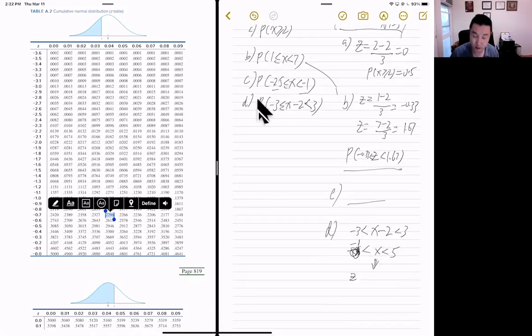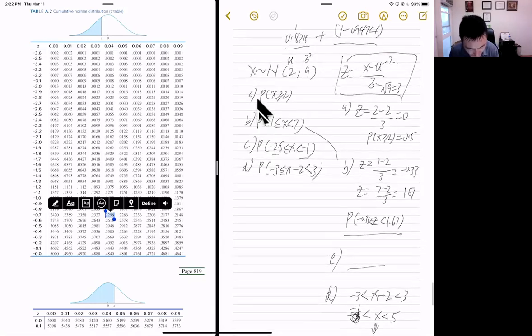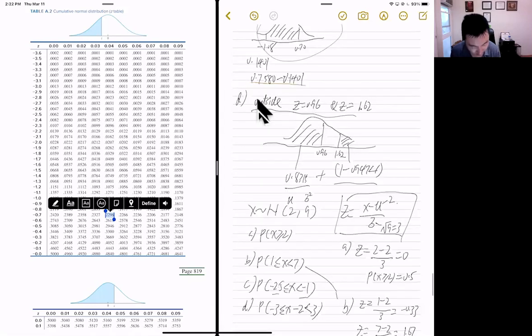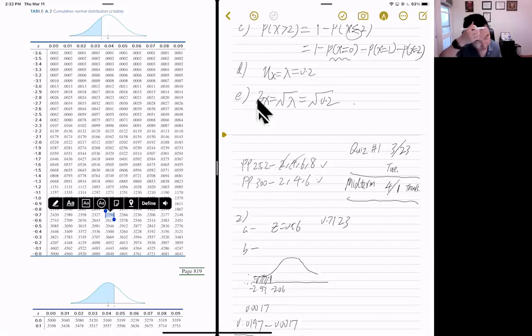Okay, and then you will do the same thing. Right? So any question about this? Okay, I think it's pretty straightforward for now. We have done a lot of similar problems already. So that is question number 4.